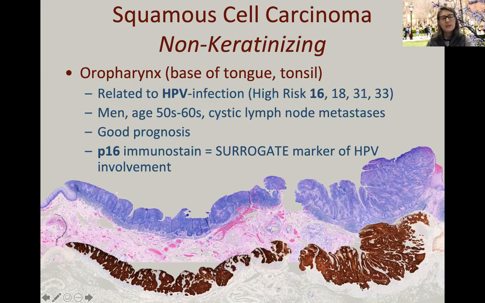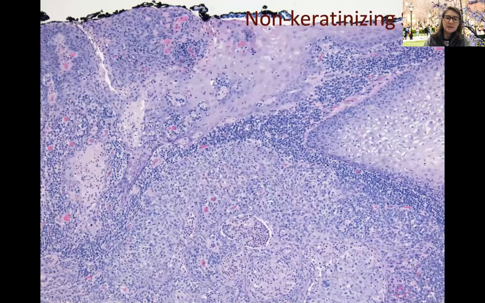These patients tend to be middle-aged men who present with cystic lymph node metastases, right? So any enlarged neck lymph node in a man of this age group should really be considered carcinoma until proven otherwise. Here's a higher power histologic example. You may say, where's the tumor? Well, it can be very hard to identify because the background lymphoid stroma is blue and the tumor is very blue.